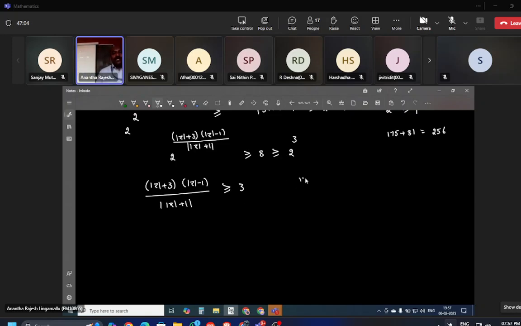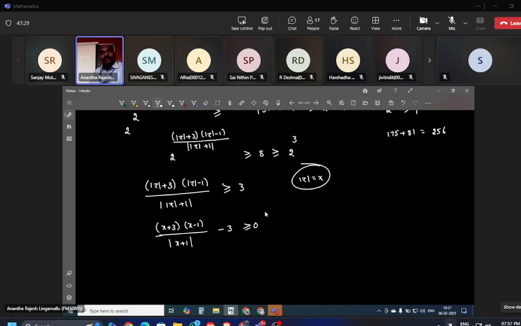Can I take mod z equal to, for the time being, x? Say yes or no. So if mod z is x, what is this? x plus 3 into x minus 1 divided by mod of x plus 1 minus 3 greater than or equal to 0, right?